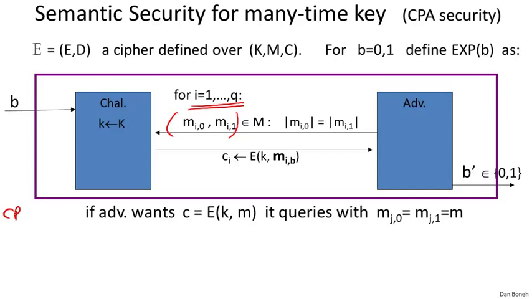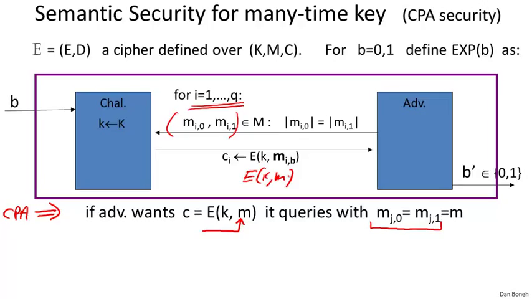Now, the chosen plaintext attack is captured by the fact that if the attacker wants the encryption of a particular message M, what he could do is, for example, use query J for some J, where in this query he'll set both the 0 message and the 1 message to be exactly the same message M. In other words, both the left message and the right message are set to the message M. In this case, since both messages are the same, he knows that he's going to receive the encryption of this message M that he was interested in.